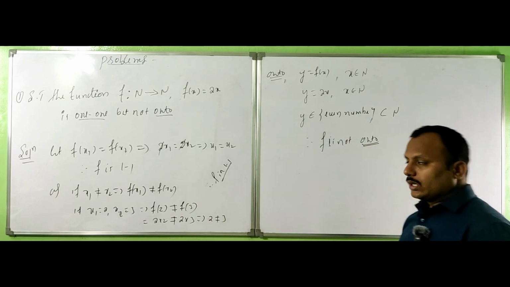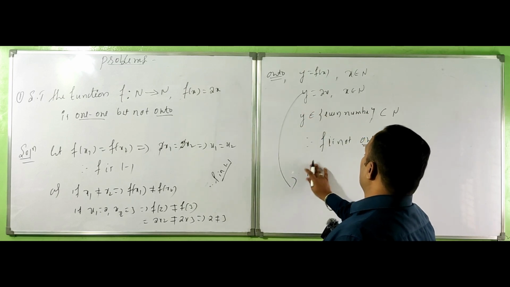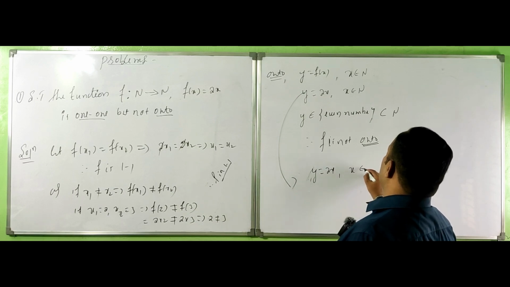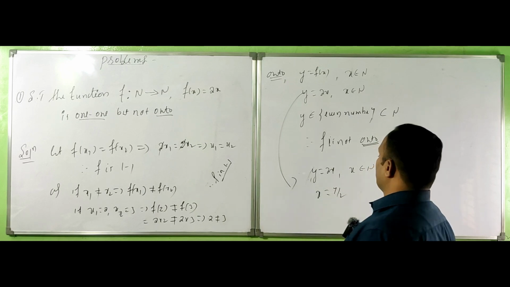Here also you can show it from another approach. y equals 2x such that x belongs to N, so x equals y by 2.